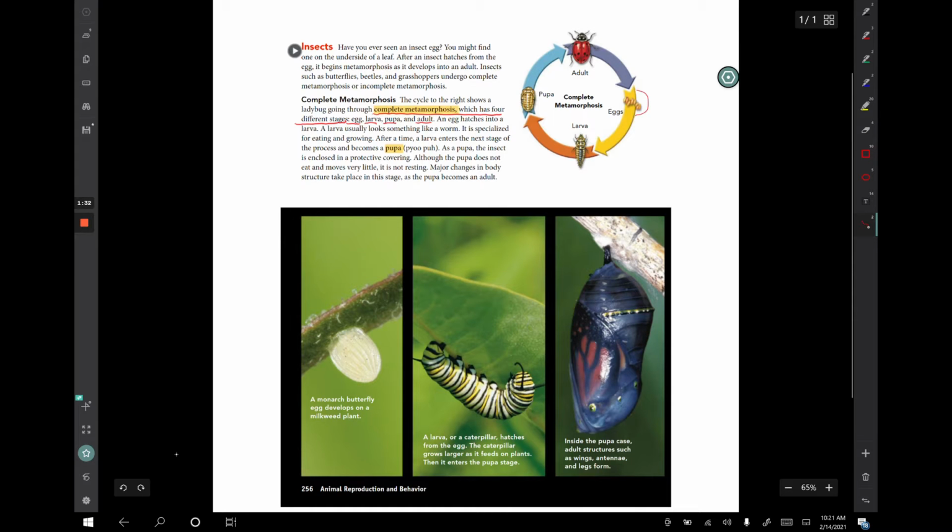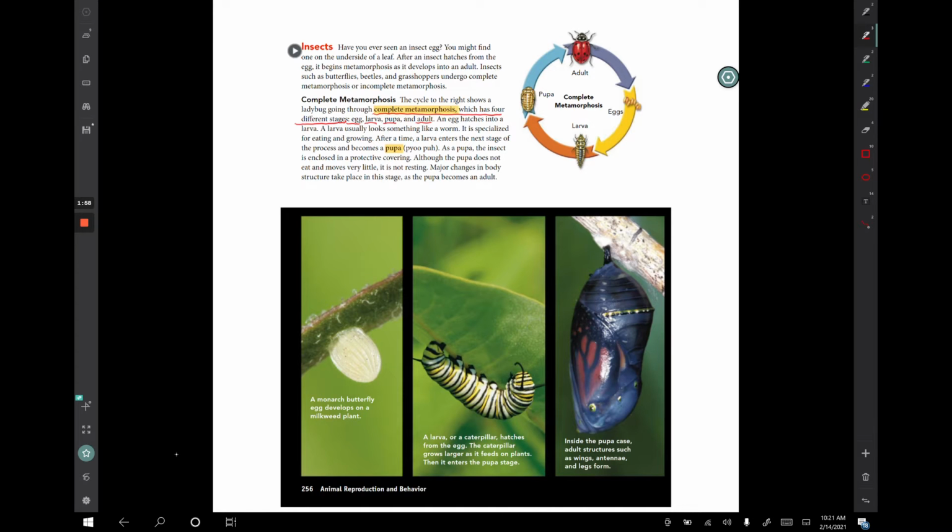We see the eggs, the larva, the pupa, and the adult. Notice in that diagram that the larva looks nothing like the pupa looks nothing like the adult. So that's what we mean when we talk about metamorphosis, that the young look very different than what they will look like as an adult.